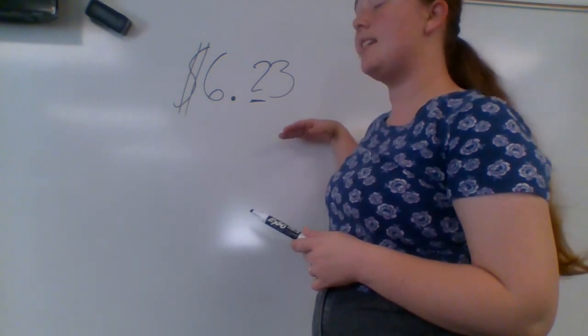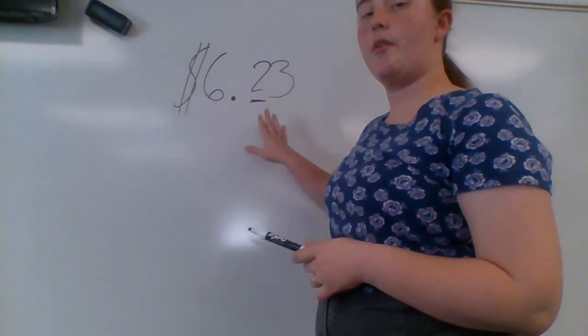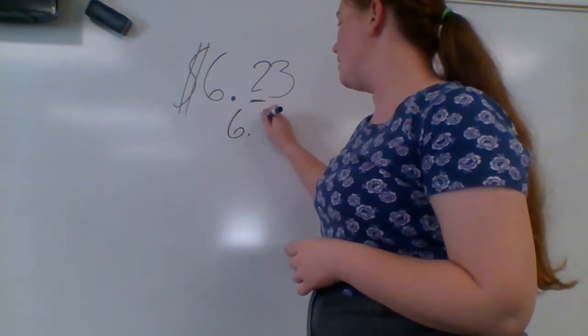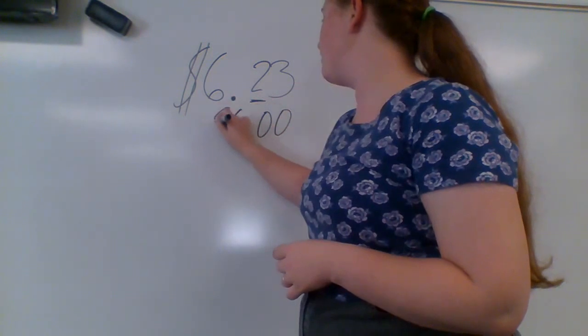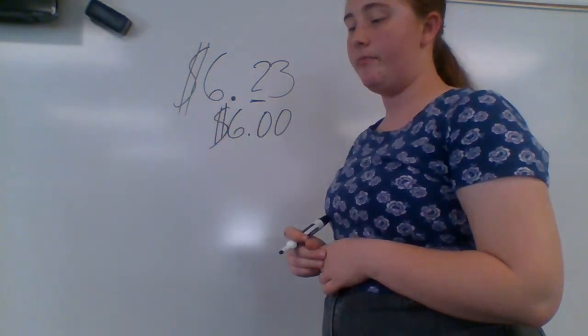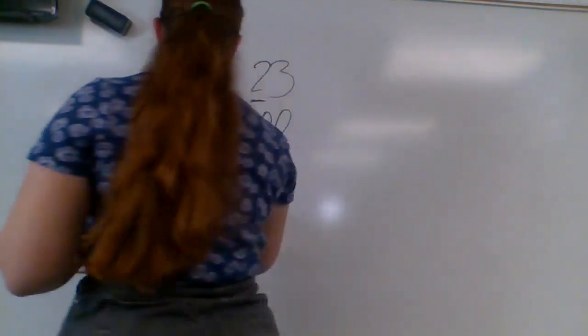So we're either going to stay at $6 or we're going to go up to $7. This 2 tells me I'm going to stay right at $6. Okay, that's letter A.